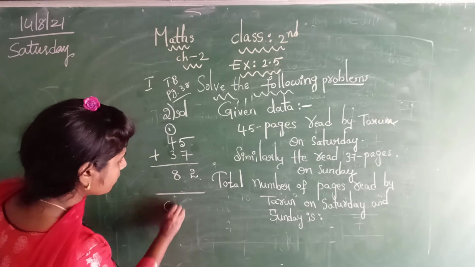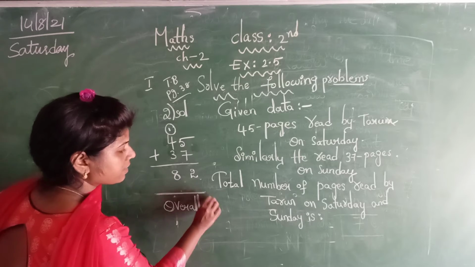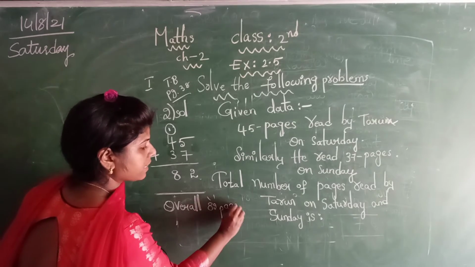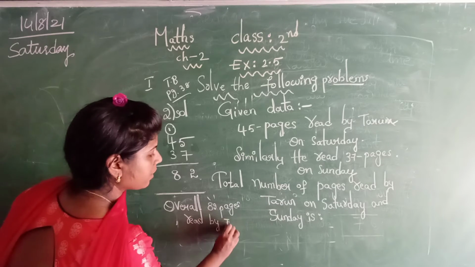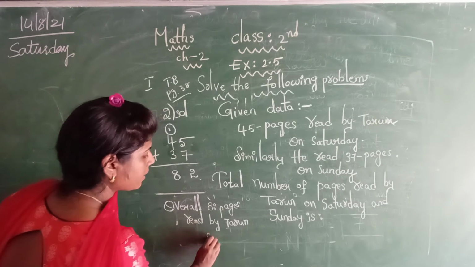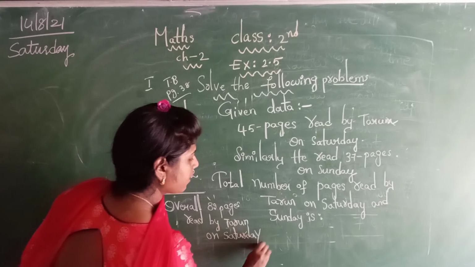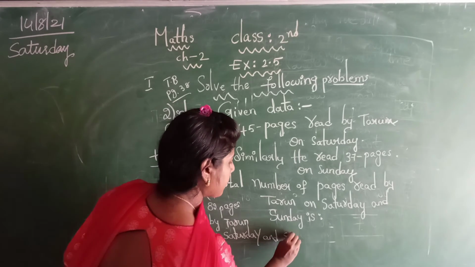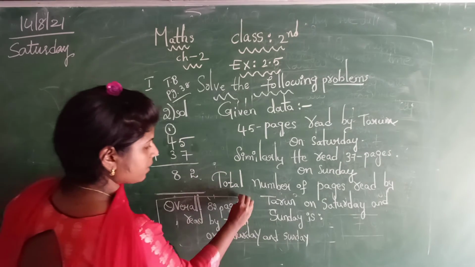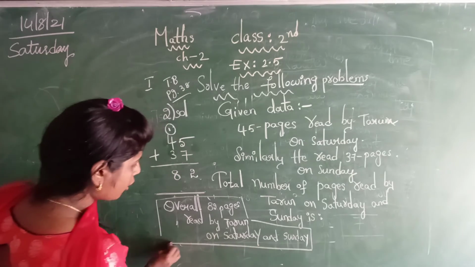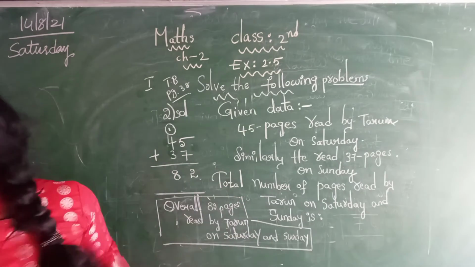So overall, 82 pages read by Tarun on Saturday and Sunday. Okay, this is the relevant answer you got for the second problem. Is it clear now? Next, go for the third problem.